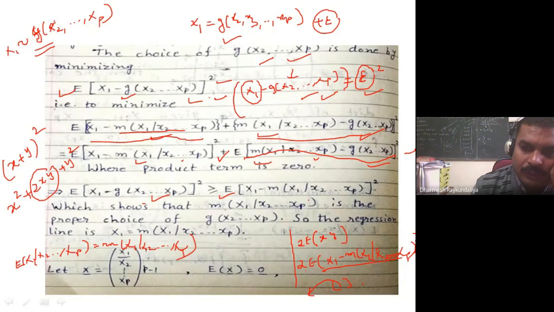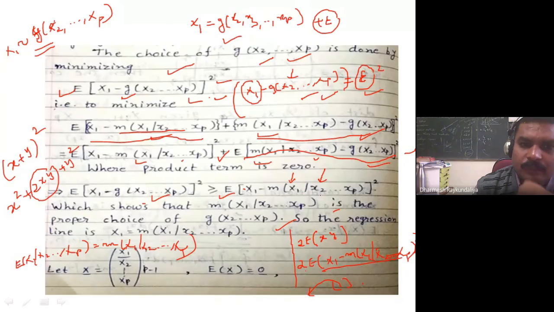Which shows that m of x1 given x2 to xp is the proper choice of g of x2 to xp, because what do we want? We wish to find the value of g such that this quantity should be minimum. So where will this quantity be minimum? If you take this form, because then this quantity is minimized.